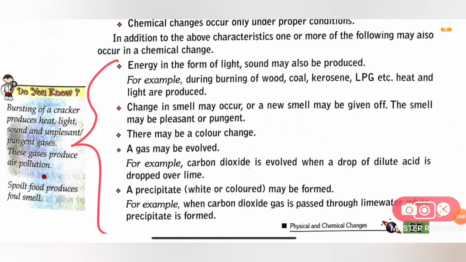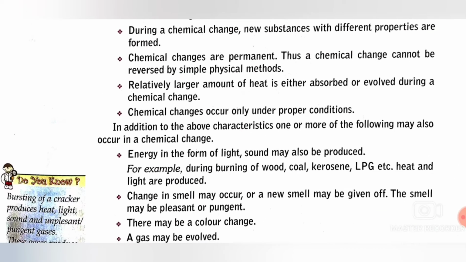Apart from this, the ones I mentioned: new substance with new property, the chemical change is permanent, energy in a high amount can be produced or absorbed, and chemical change may occur only under proper condition.